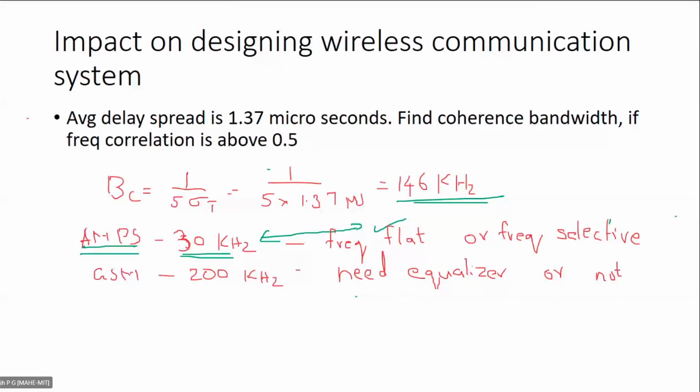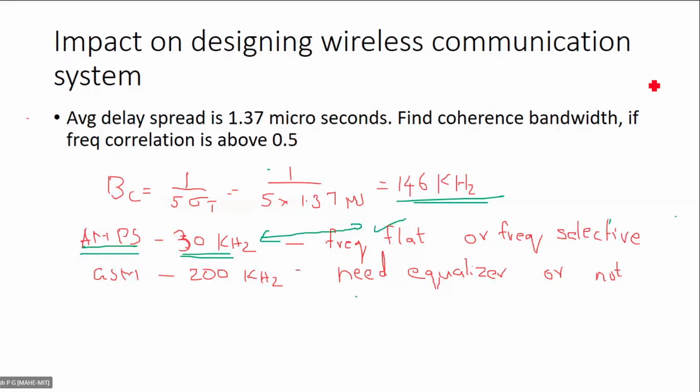Okay, now we'll see the impact of average delay spread and coherence bandwidth on designing of a wireless communication system. Let us consider the average delay spread sigma tau as 1.37 microsecond.